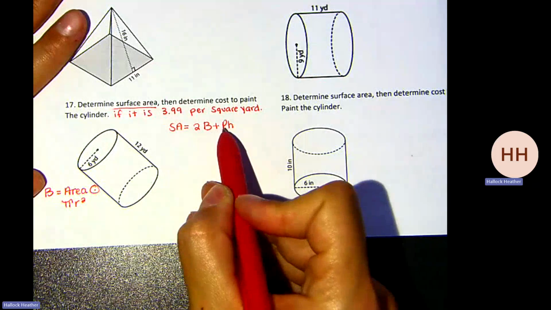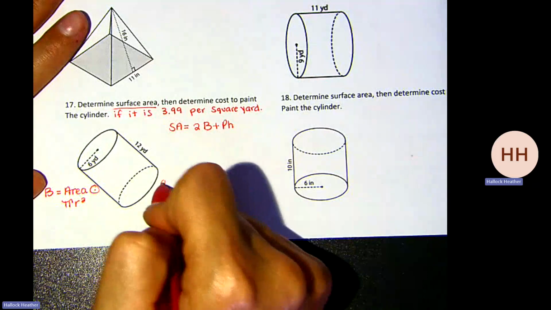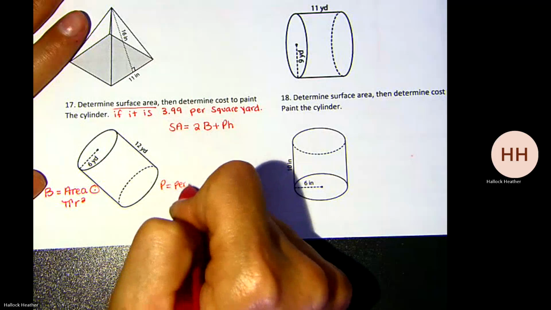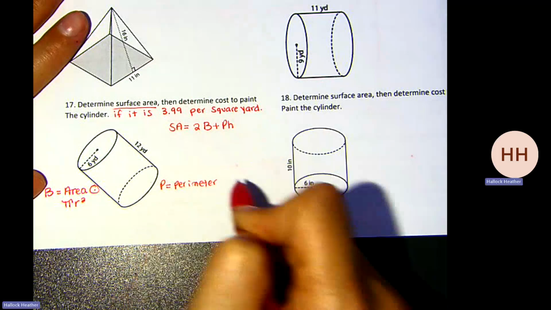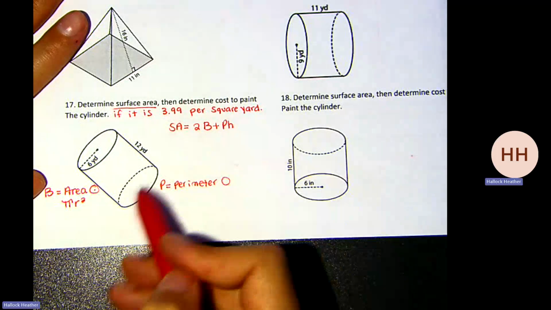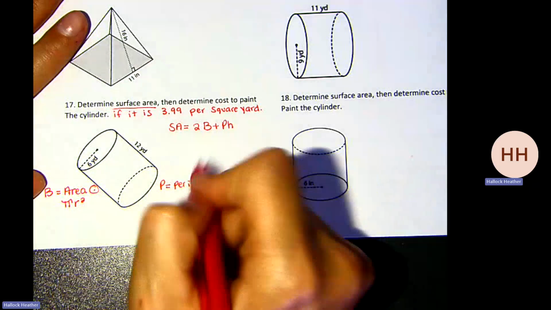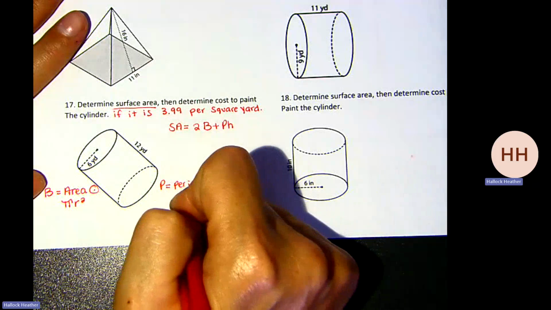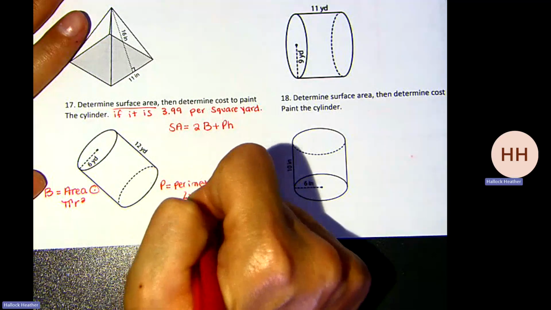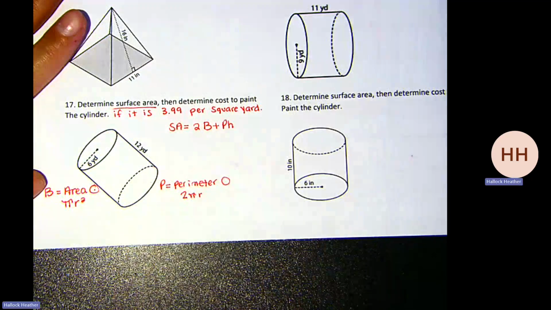Let's find P off to the side. P is the perimeter of the base, which is a circle. So area is pi r squared, and perimeter is circumference, which is 2 pi r. Circumference finds the distance around a circle.